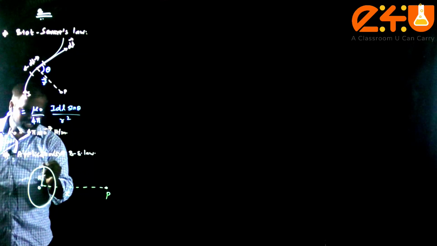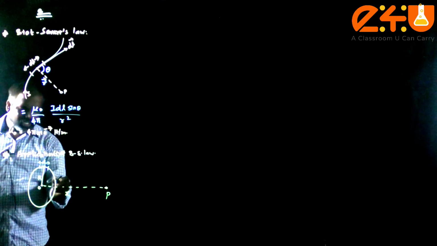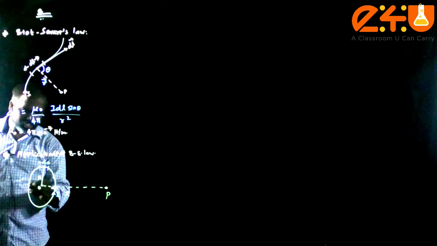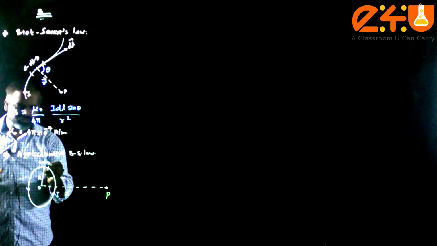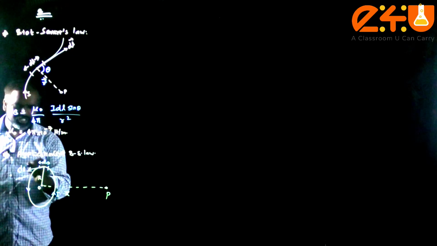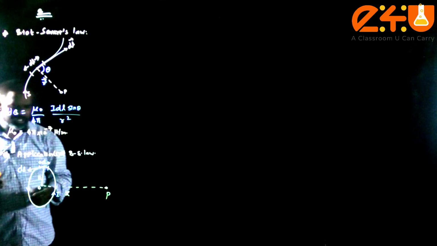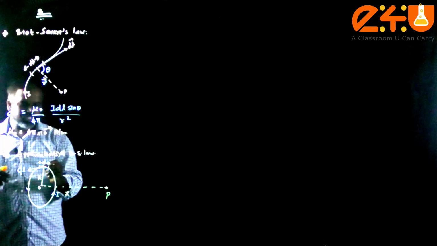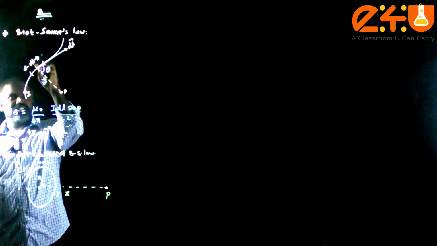Let us consider a small length element dl, and we assume that the current is going in the anti-clockwise direction. Therefore the tangent direction will be like this. The line which connects the element and the point P is nothing but the position vector.